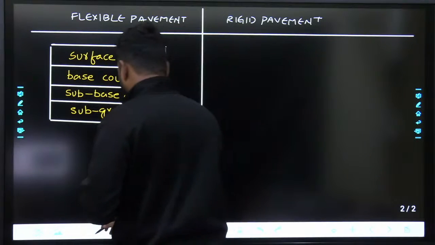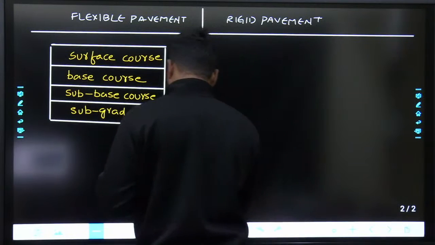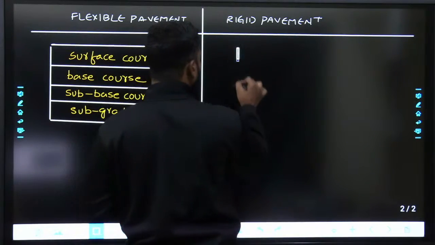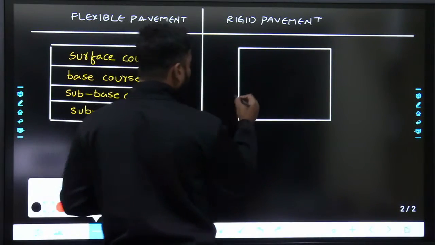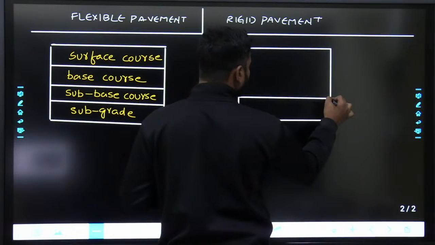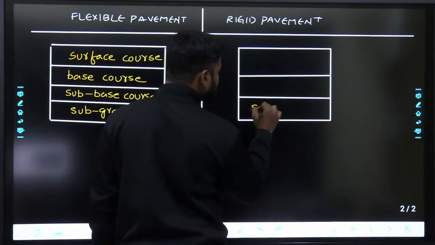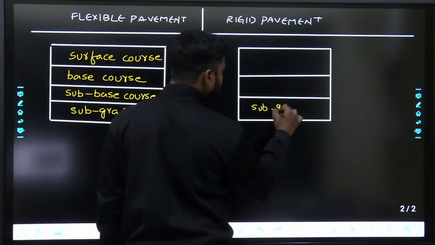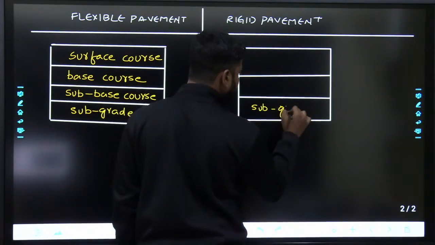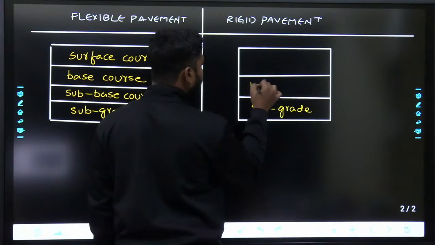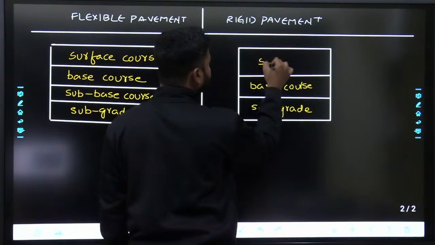Whereas in rigid pavements, there will be generally only three things. So here you will see subbase or subgrade, base course, and there will be a surface course.